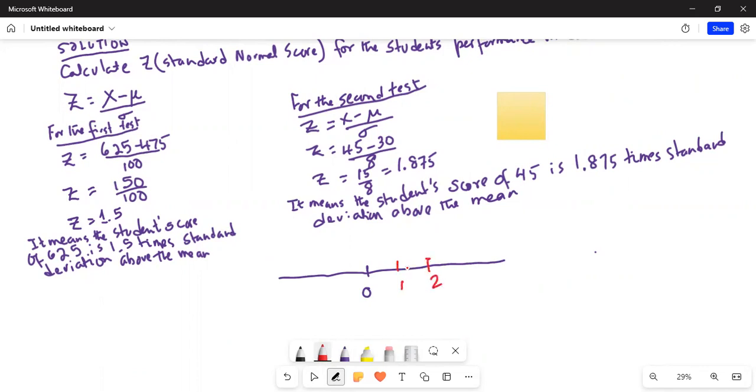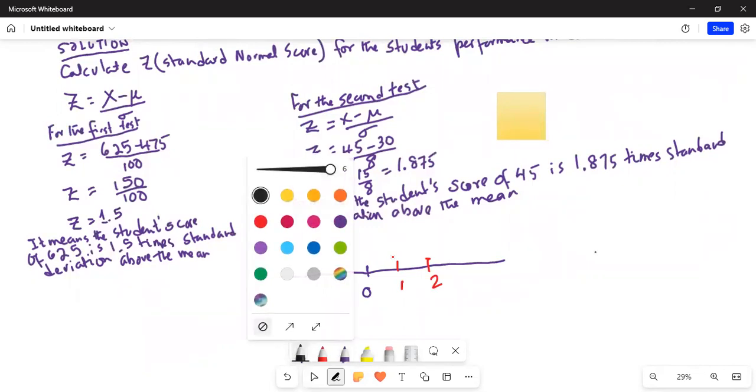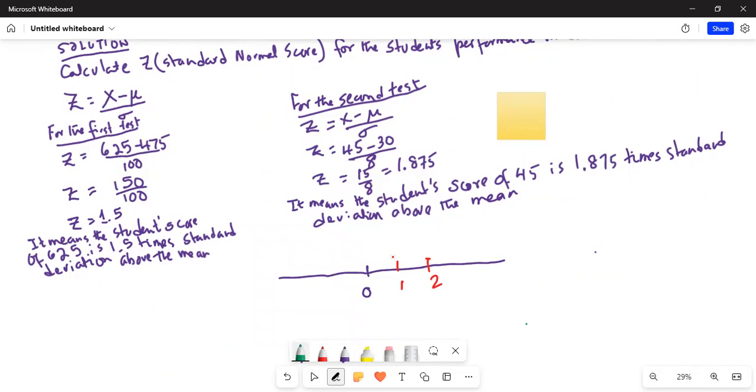So 1.5, let's use a different color, probably I'd be better off using green. Okay. So the first z-score is 1.5, which is somewhere over here. This is a z-score of 1.5. A z-score of 0 is the mean.